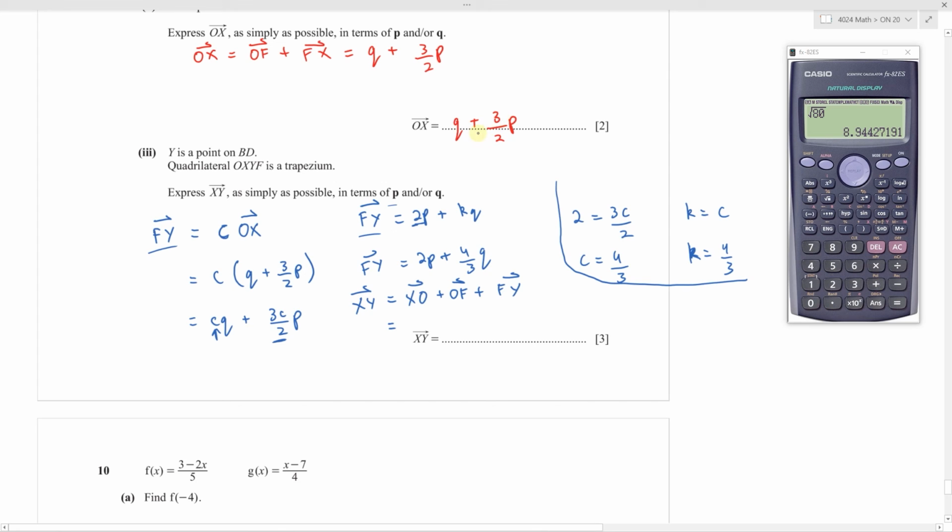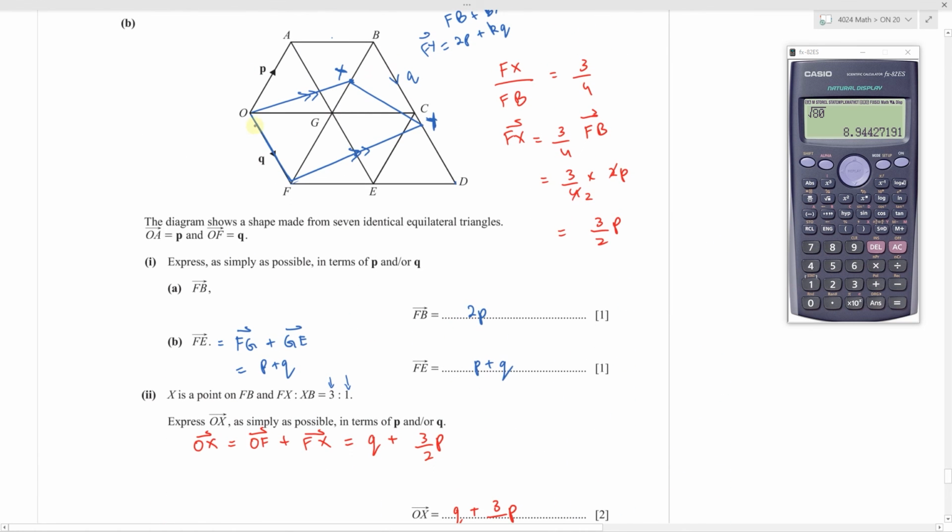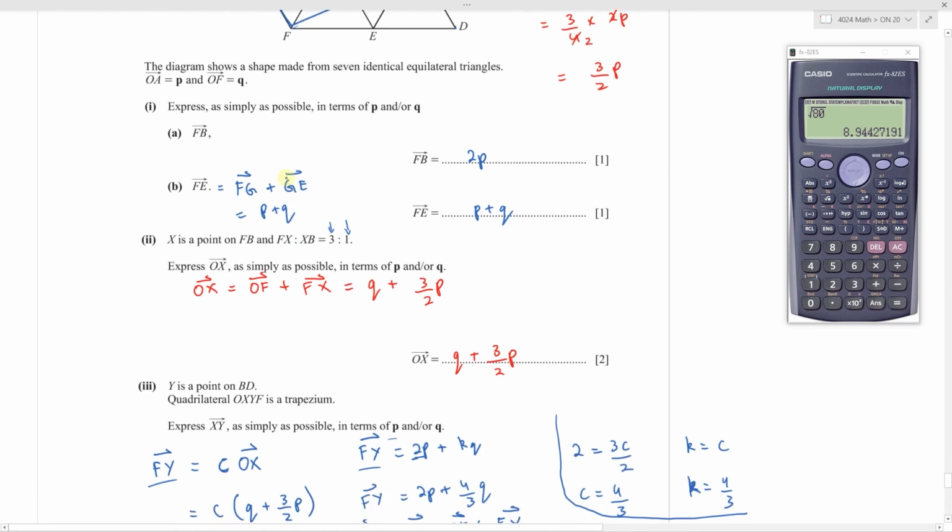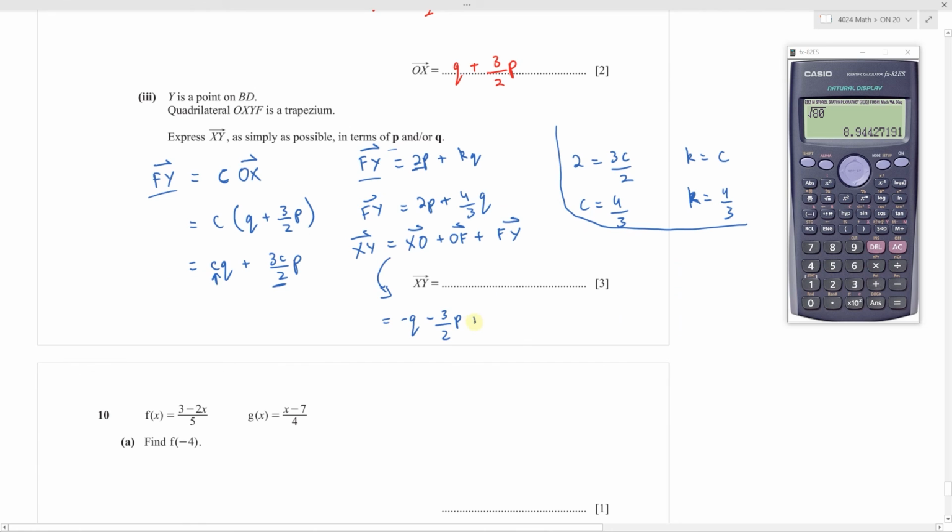So XO will be minus Q minus 3 by 2P plus OF. What is OF? OF is simply Q, plus Fy, which is this value here, 2P plus 4 by 3Q.